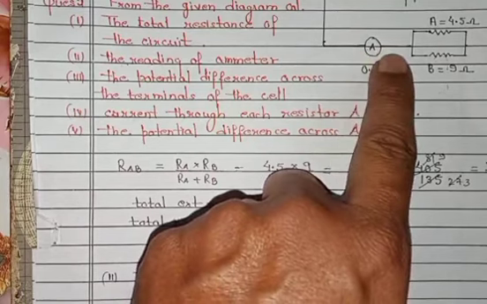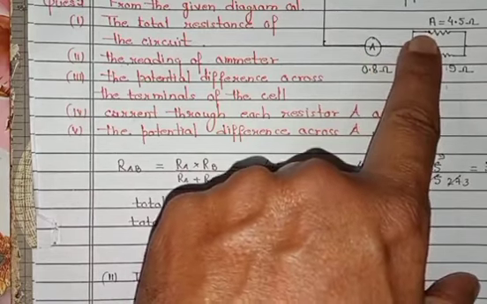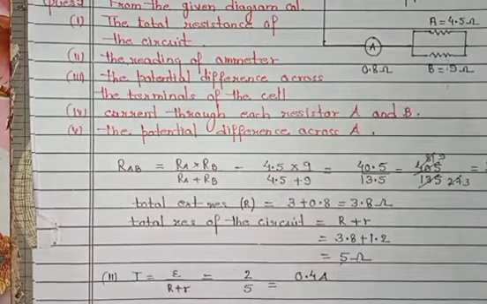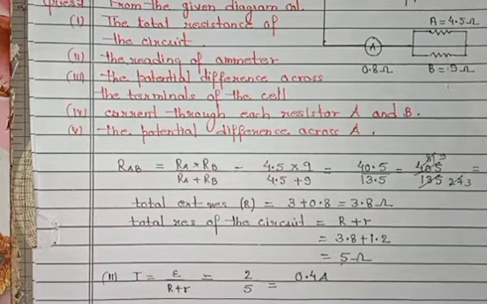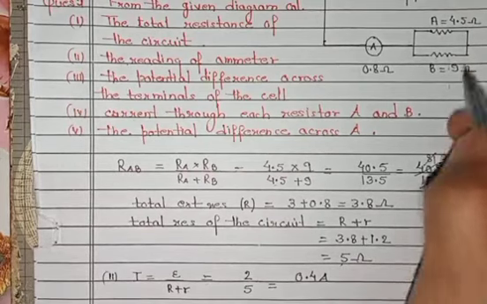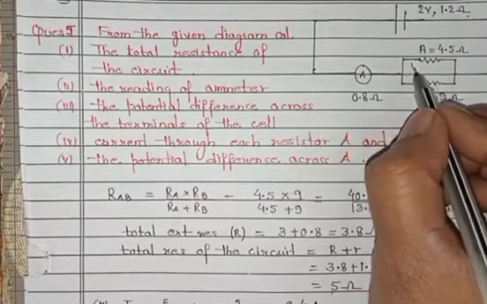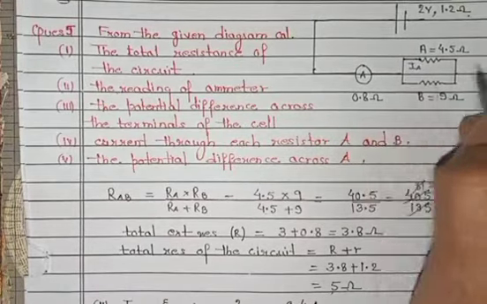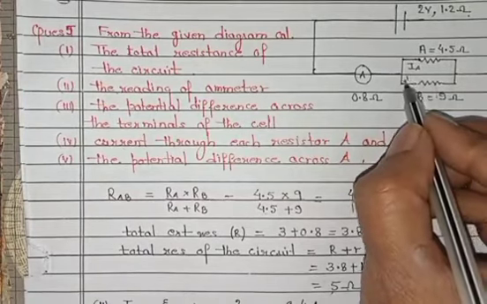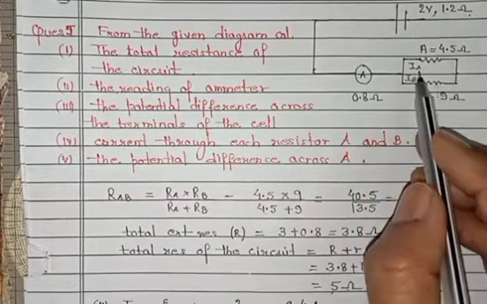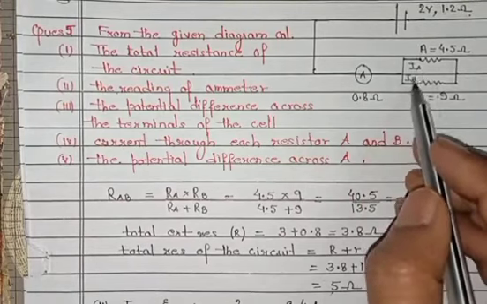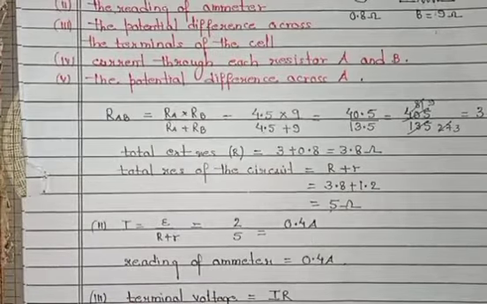Now this current 0.4 ampere will be distributed between A and B. So let us suppose that A gets current as IA and B gets current as IB.